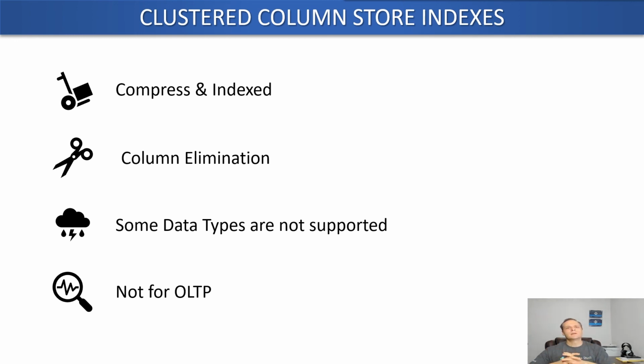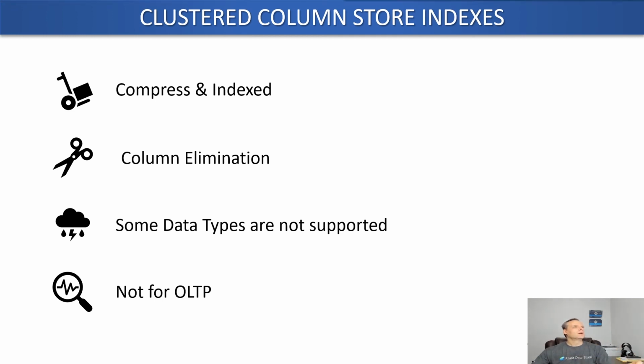So if your select statement uses only 2 columns, it's going to do column elimination and pick only the columns that it needs. You need to be careful when using them because they don't support all the data types, for example the binary ones, and they are not really for OLTP. So if you are looking for a specific row, you still need your rowstore indexes.